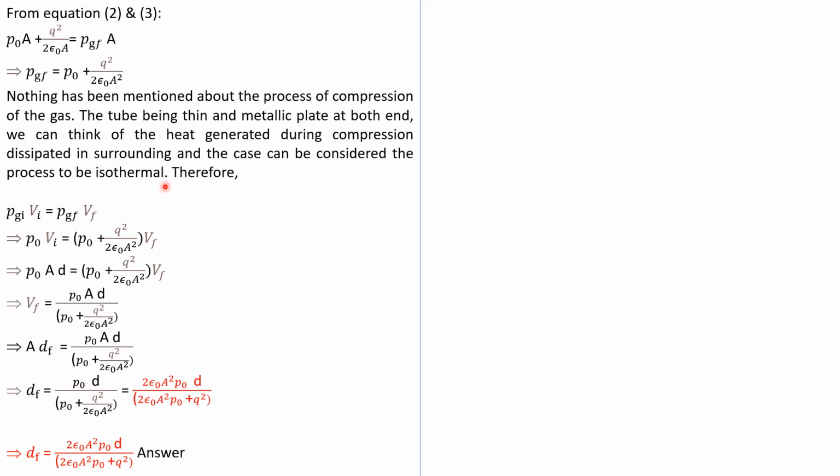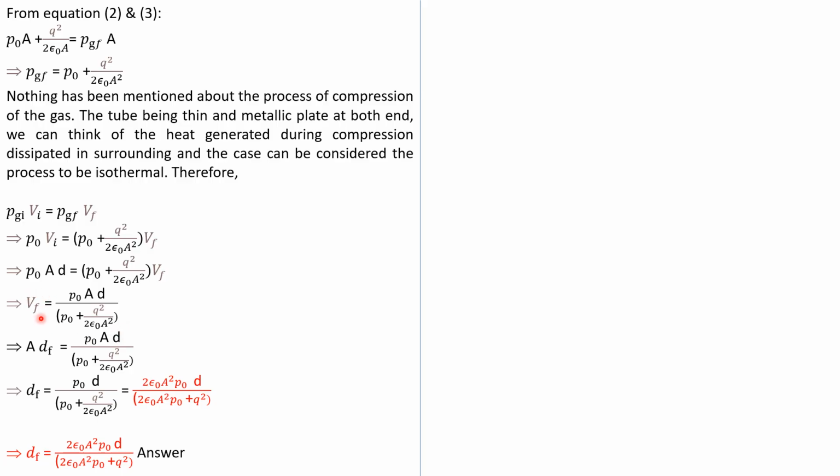Since it is an ideal gas and the temperature is constant, we know that the initial pressure into initial volume will be the final pressure into final volume. So PGI we have already calculated as P naught, that is VI into this. PGF we can put from this equation. Upon solving, we will be getting the final volume as P naught into A into D divided by this.